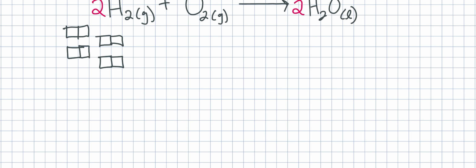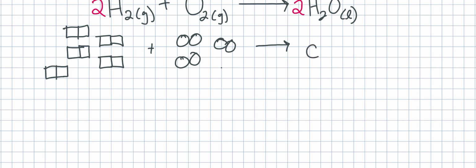We know that our hydrogen is diatomic, just like our oxygen is diatomic. I'm going to say that I have 5 hydrogen and 3 oxygen. Now, because of the mole, we're going to have way more than this, but for now this will get the point across. How many waters can I make?